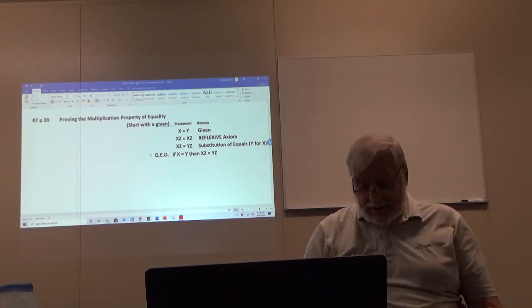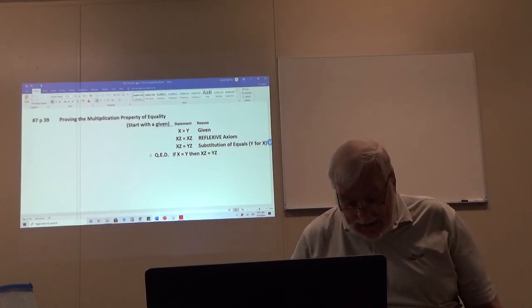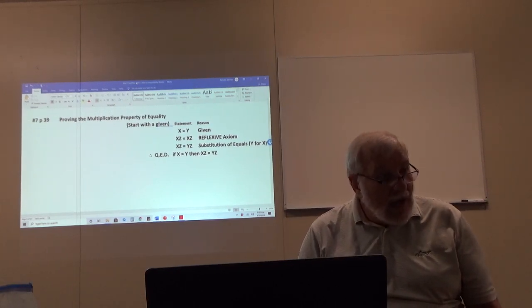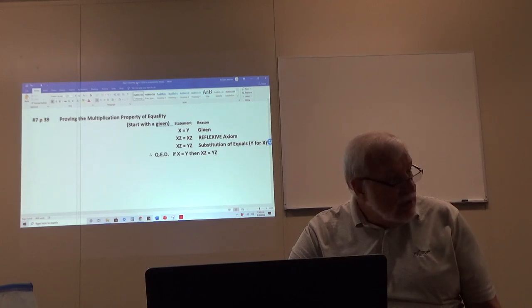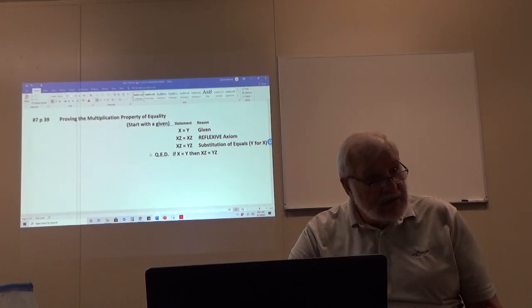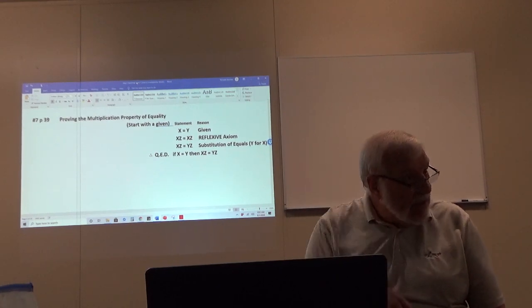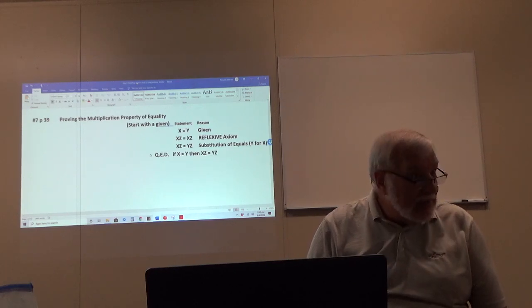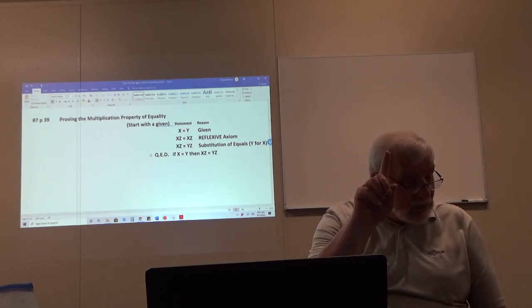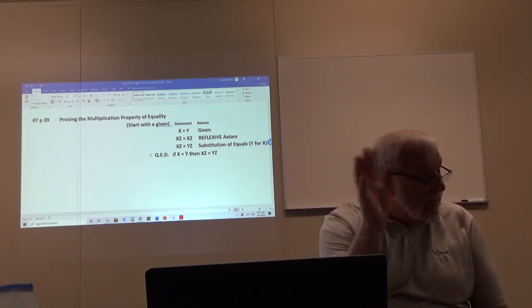Right, now turn the page. All right. In D, the 1 over y times y was changed to be 1 because what is 1 over y times y? That's the inverse property of multiplication, and it equals 1. So the 1 replaced its other member in the property.